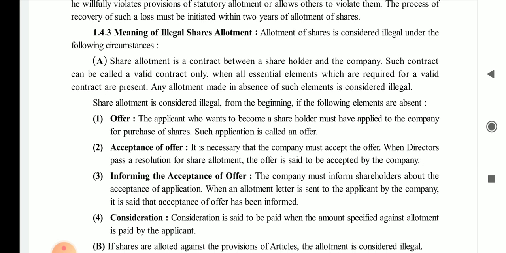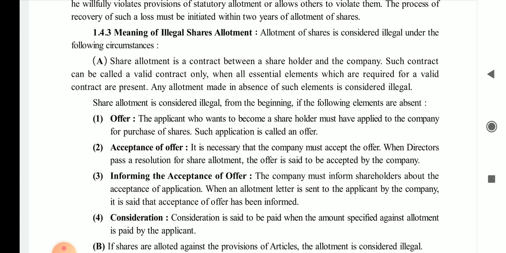Allotment of shares is considered illegal under the following circumstances. Whatever allotment is done is considered illegal in these circumstances that we are going to learn. First, share allotment is a contract between a shareholder and the company.